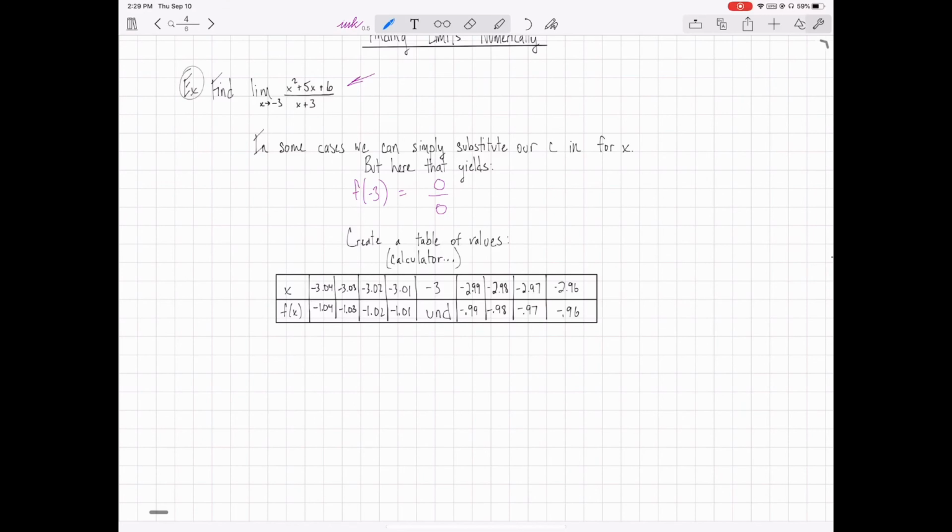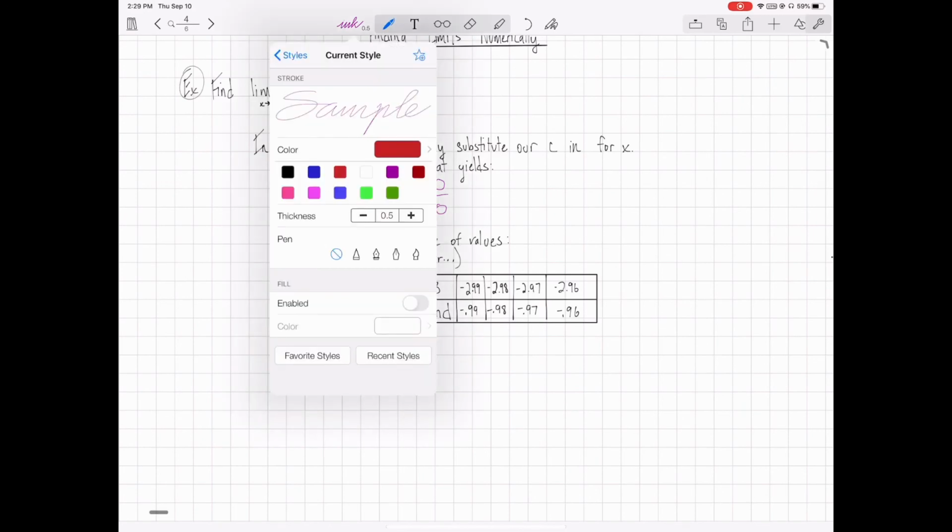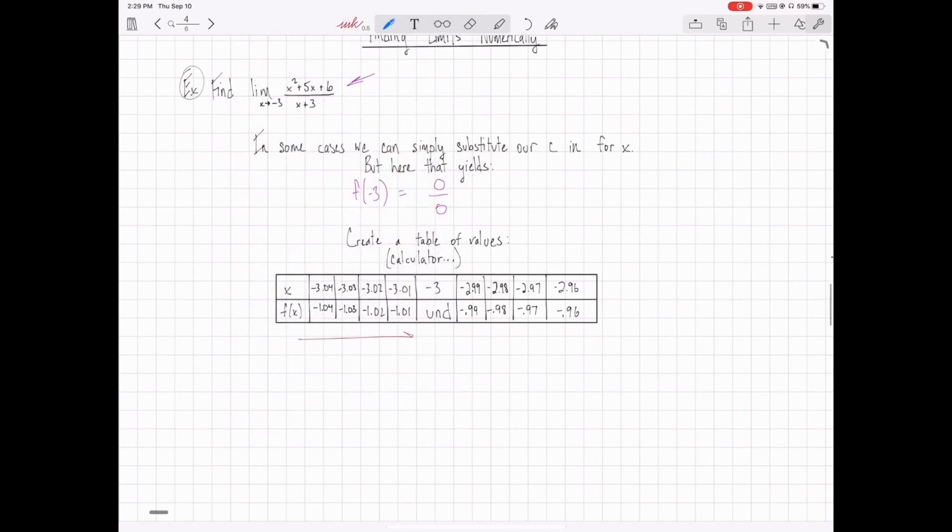Okay, so if you look at the left and right here, I'm going to pull up red. From the left, we would say the limit as x goes to -3 of f of x appears to be -1. And then from the right side, we would say the limit as x goes to -3 from the positive side also appears to be -1.